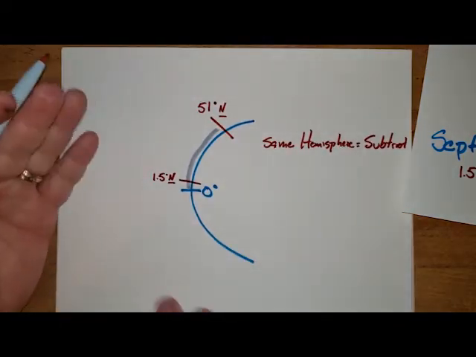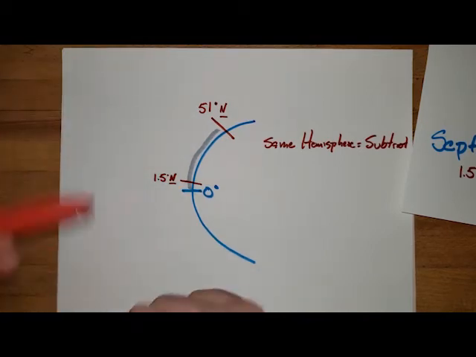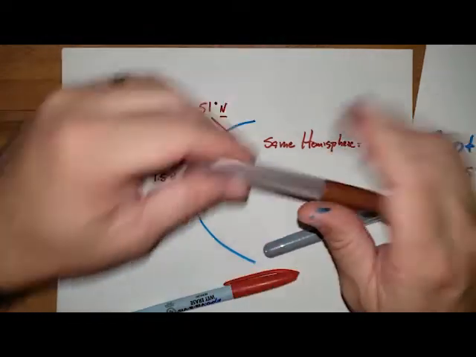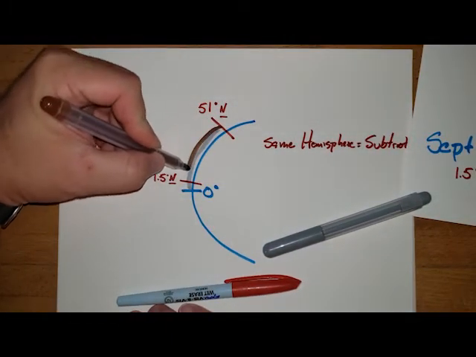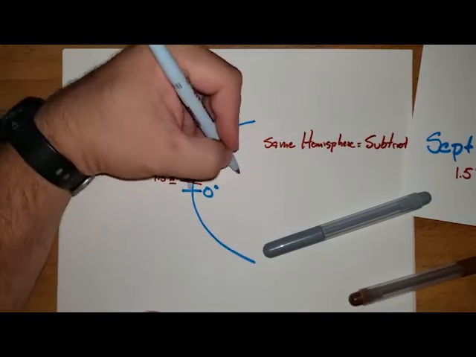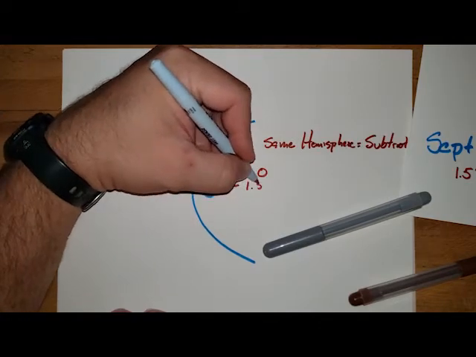And it's always a positive number. What I'm doing is taking that whole section and blocking that part out, because the arc distance, or the degrees of latitude that I care about, is in between here and here. So I'm going to do 51.0 minus 1.5.